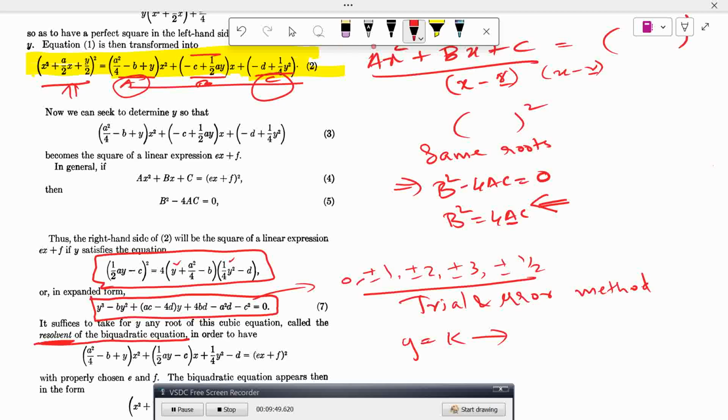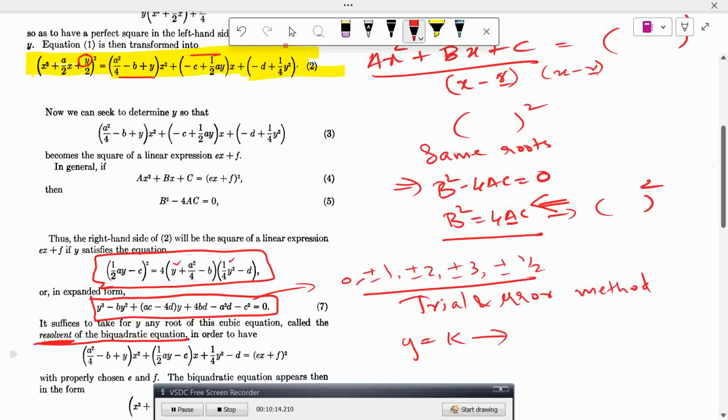Equation 2 is very important, as I said. So in equation 2 we will put the value of y. This value of y satisfies the condition b square equal to 4ac, and hence we can write it as a perfect square. See, this is an example of a perfect square.